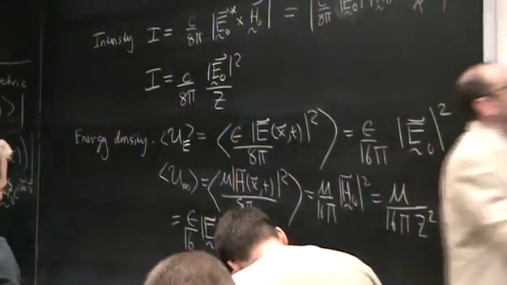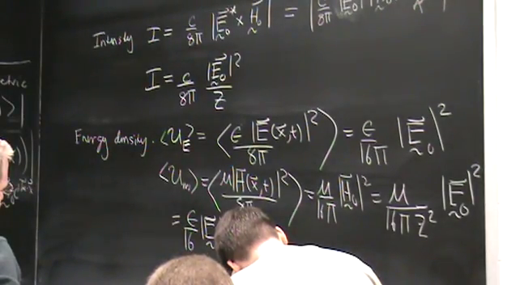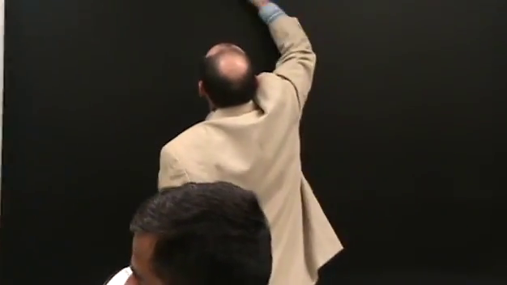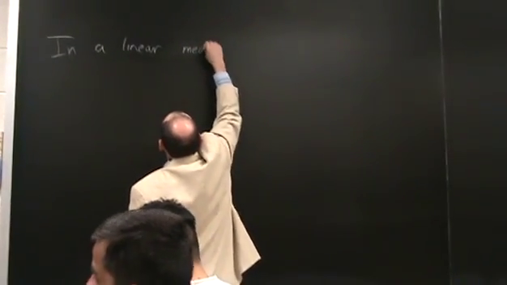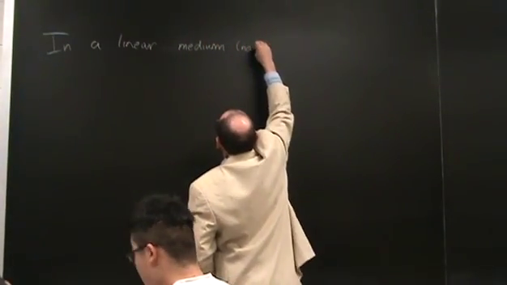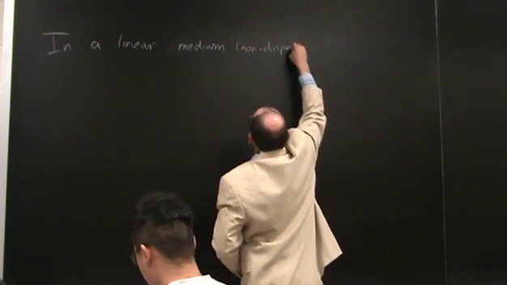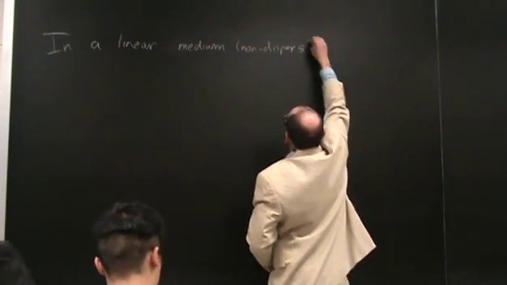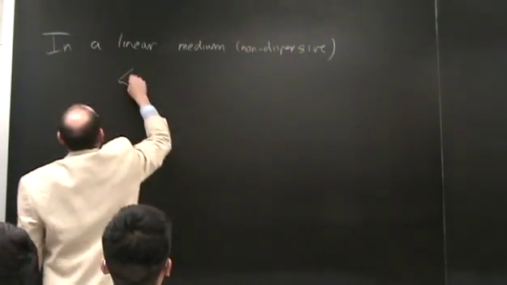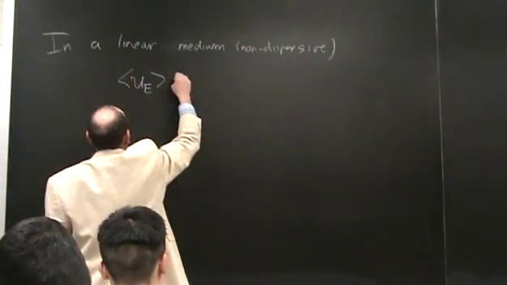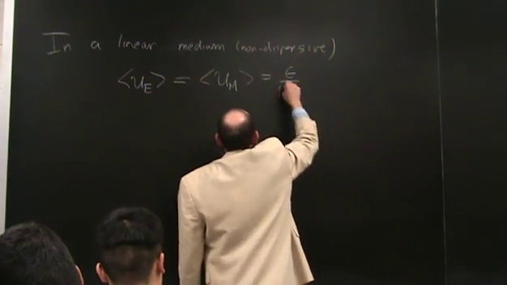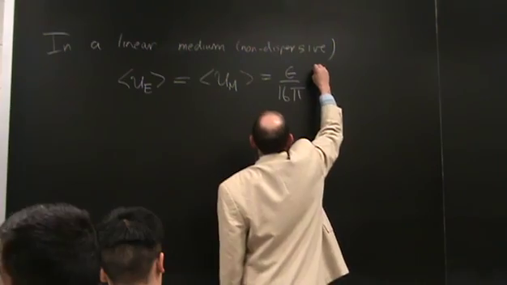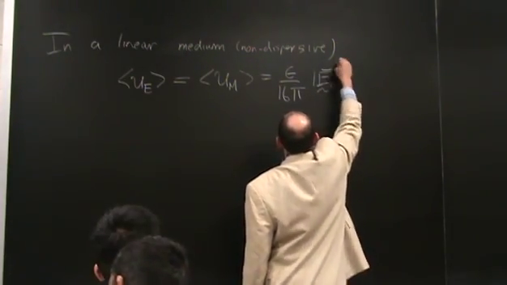So what we learned is that in a linear, non-dispersive medium, the amount of energy stored in the electric field, time average, equals the amount stored in the magnetic field. They are equal to epsilon over 16 pi times the amplitude of the electric field squared.